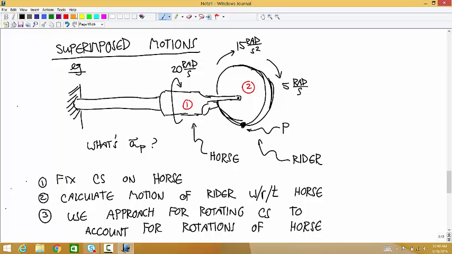Well, I didn't give coordinate axes, so let's choose this, this, and this. Okay, so x, y, z. And it's rotating with body 1. So what's omega for the disk?